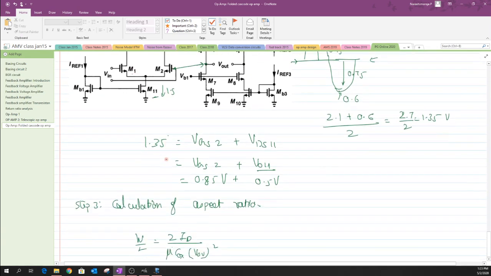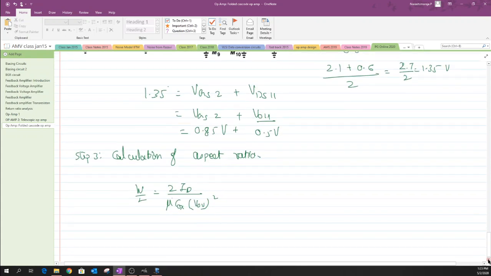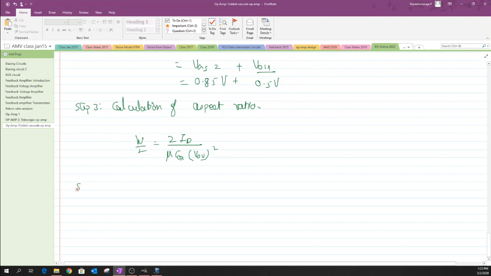Once you compute all these W/L factors, the last step is to evaluate the total gain of this particular circuit. Now I want you to evaluate the gain based on these conditions that are being applied onto the circuit, based on the value of VOV and the value of ID that we have defined.